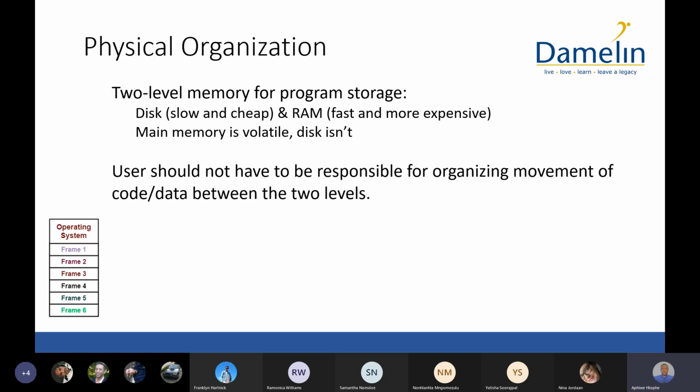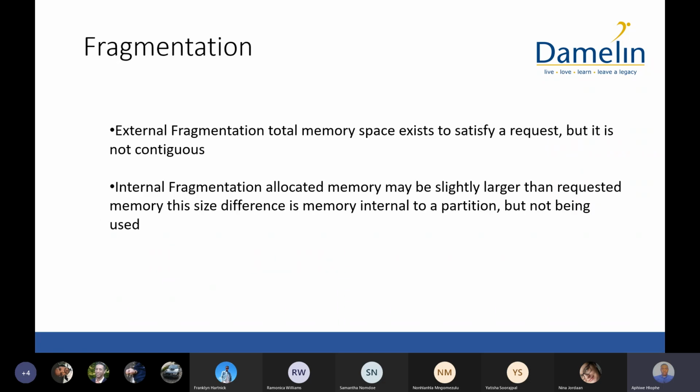So that's the physical organization in the computer. You must have RAM and disk storage in order to implement good memory management policies. Users should not have to be responsible for organizing movement of code or data between the two levels. It's something that happens behind the scenes through the operating system.